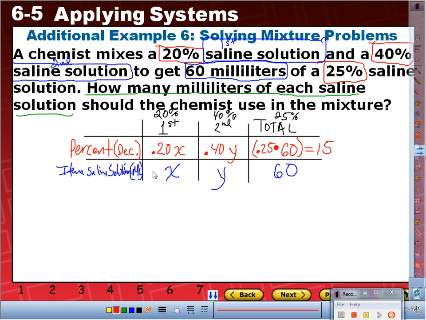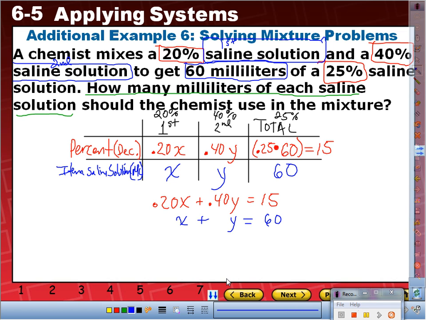So, at that point, we write our two equations. 0.20x plus 0.40y equals 15. And the second one, x plus y equals 60.